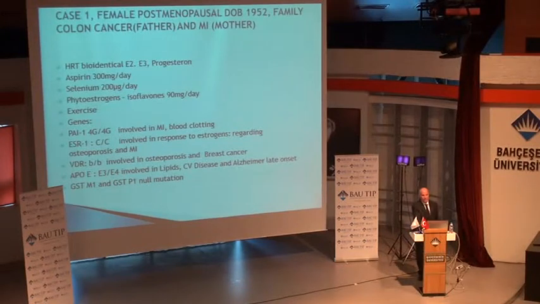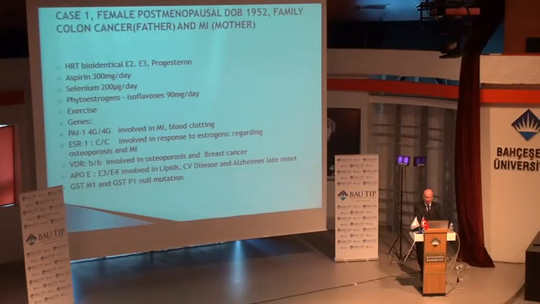I'll show you a case. This is a female, postmenopausal, date of birth 1952, family history of colon cancer in the father and myocardial infarction in the mother. She is under HRT, bioidentical hormone treatment with progesterone, estradiol and estriol, aspirin, selenium, phytoestrogens, isoflavones, exercise.